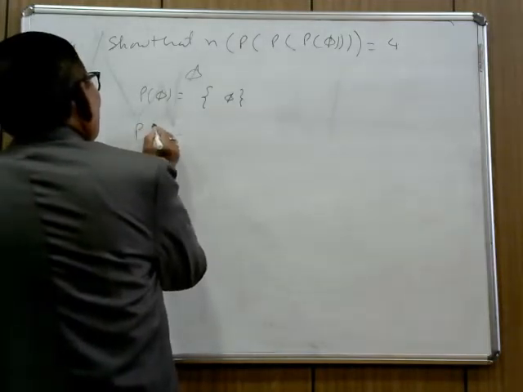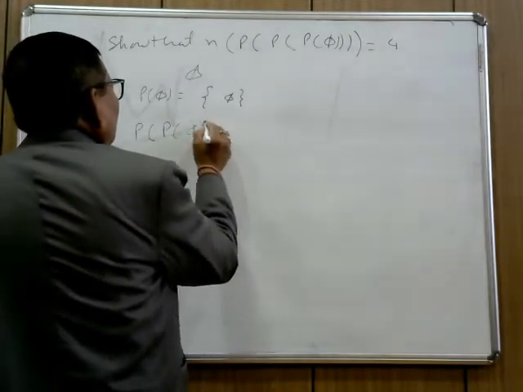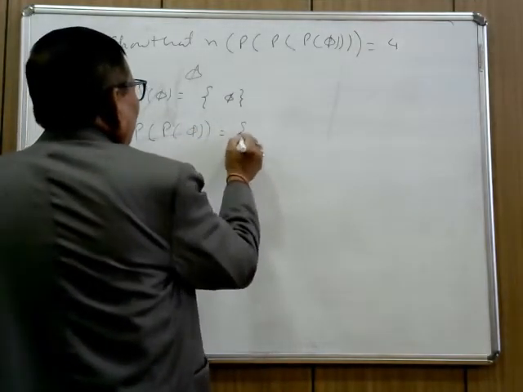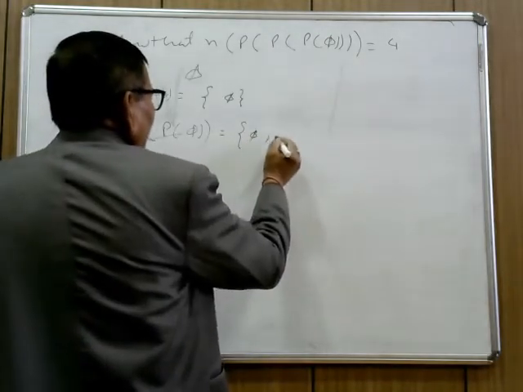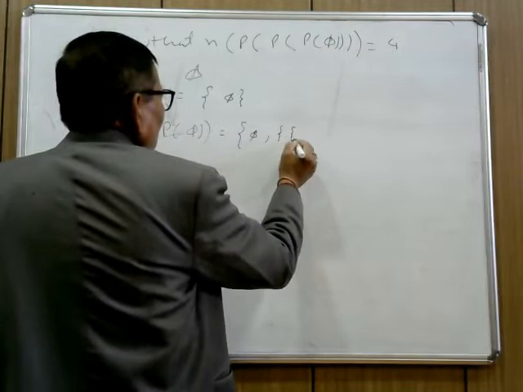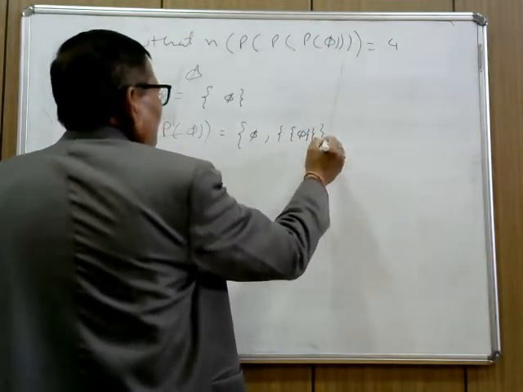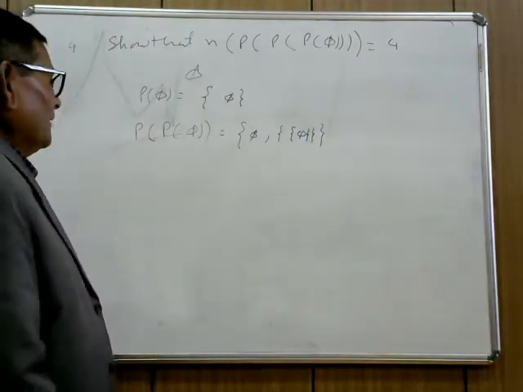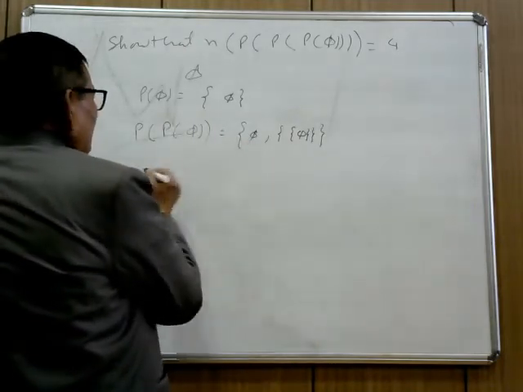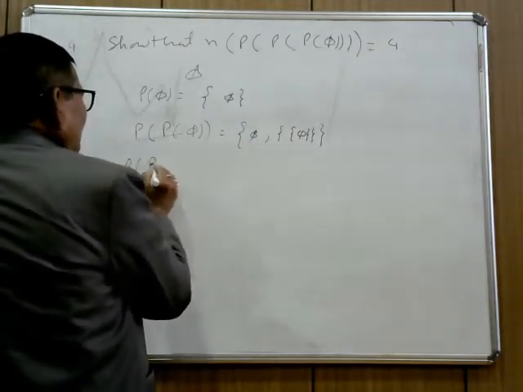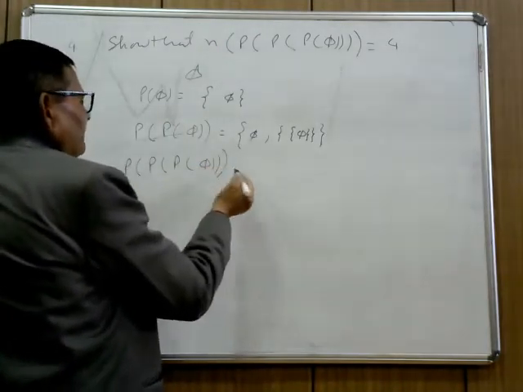Again, if you want to find out the power set of that set, then what you can write? The empty set is a subset of every set, and then again the empty set. Now in this you got two elements. Again, then you want to find out the power set of that, then what happens?